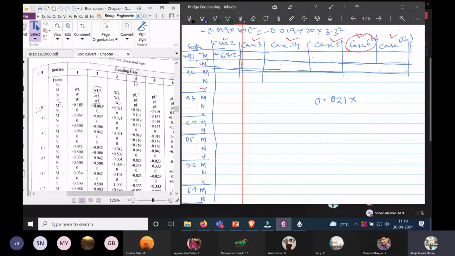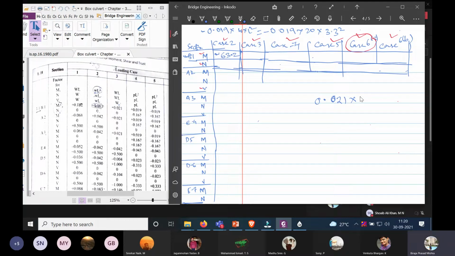Case 3 is the vertical sidewall. What is the value of the weight of the vertical sidewall? The weight of the vertical sidewall is 24.